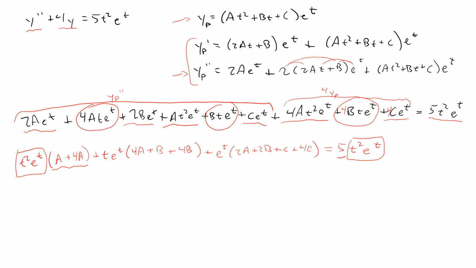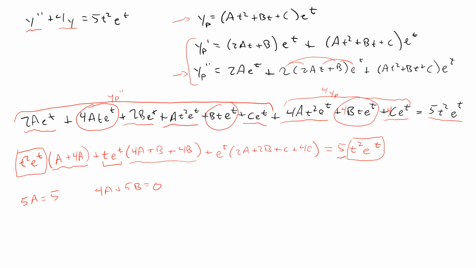So that tells me that 5a should equal 5. All the rest of these don't show up on the right-hand side. There aren't any t e to the t's on the right-hand side. So this whole coefficient here, 4a plus 5b, has to come out to be 0.